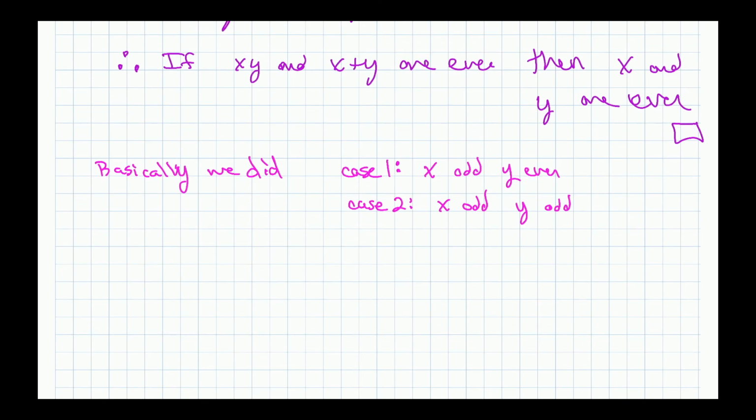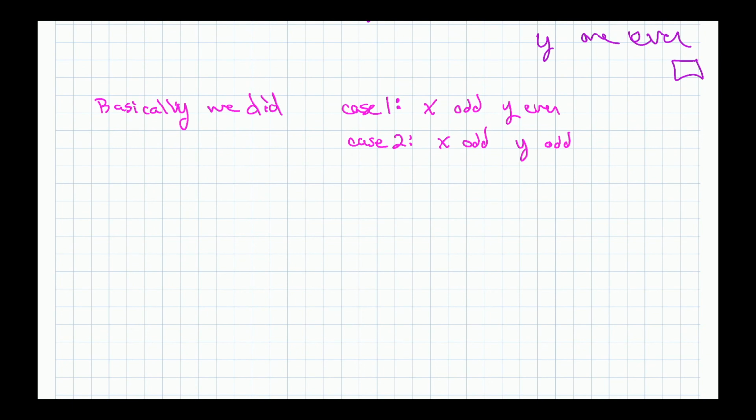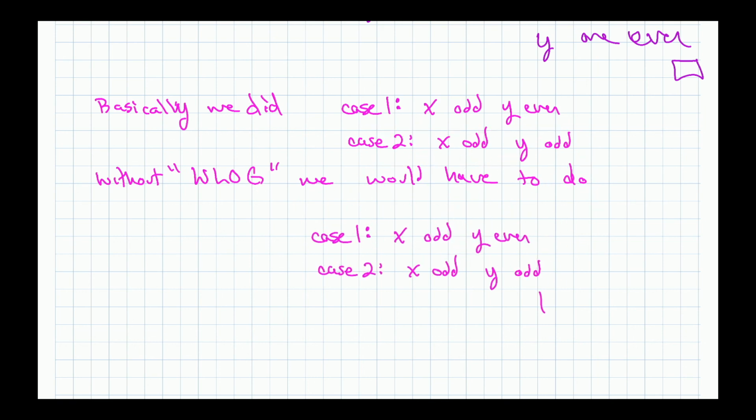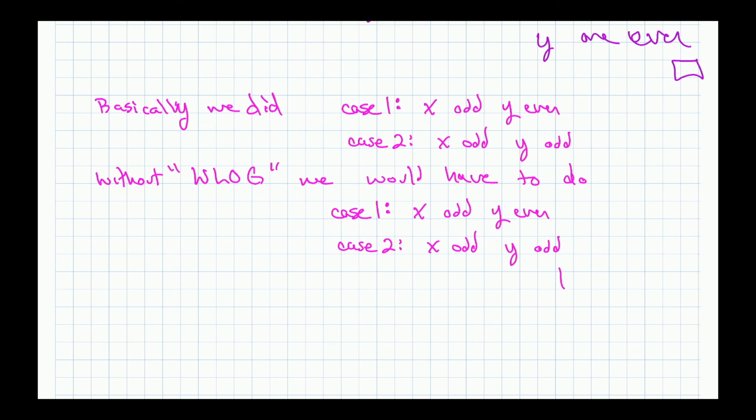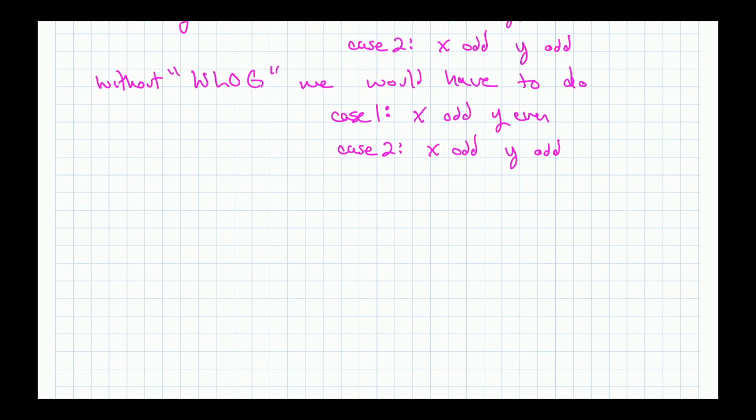If we hadn't done the without loss of generality, we would have had to consider every possible combination. Without the WLOG, we would have had to do the two cases that we did, which I can just cut and paste. We would have had to do those two, but those are not the only possible cases because we would have had to consider every case where one of them was odd.